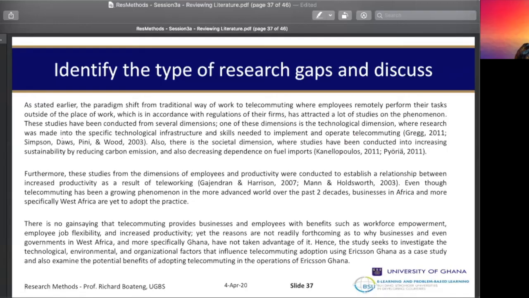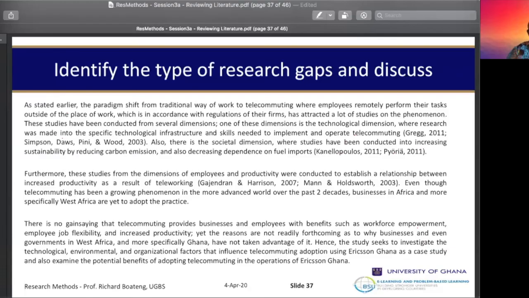Look at what we said in the beginning: the studies have been done in the technological, environmental or societal, and organizational. This study has not been done in Ghana, so he's going to explore, and in his exploration, he's going to look at the technological, environmental, and organizational factors that influence telecommuting adoption using Ericsson Ghana.